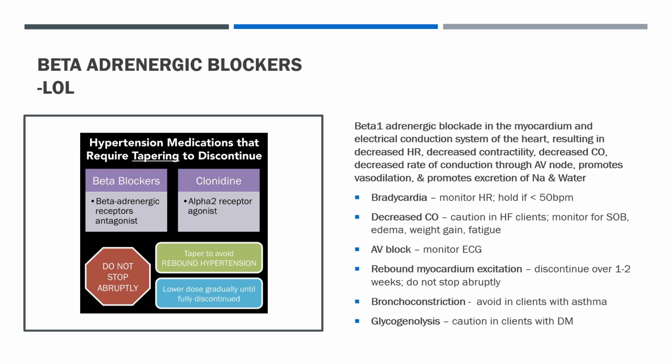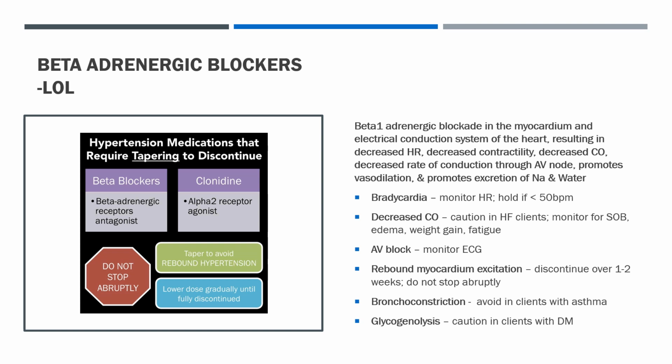Beta adrenergic blockers are also beta blockers. These are going to end in "lol." So metoprolol, propranolol, things like that. These are going to block the myocardium electrical conduction system of the heart, resulting in a decreased heart rate. So this is also an antiarrhythmic, but it's also going to cause vasodilation, therefore causing a decreased blood pressure.